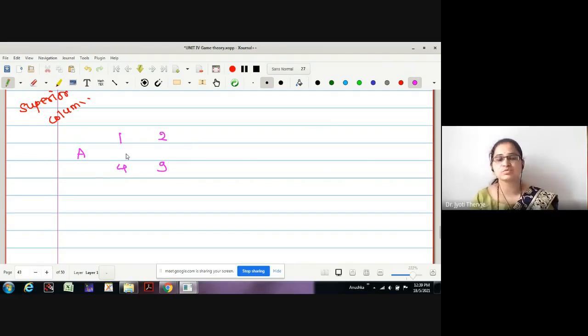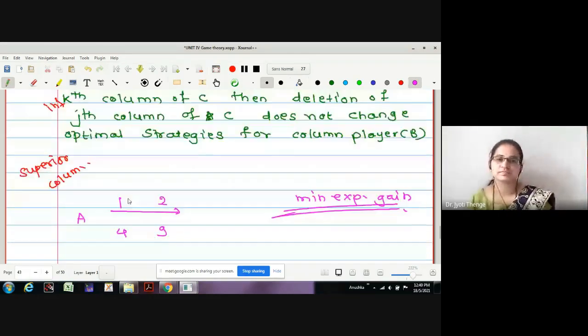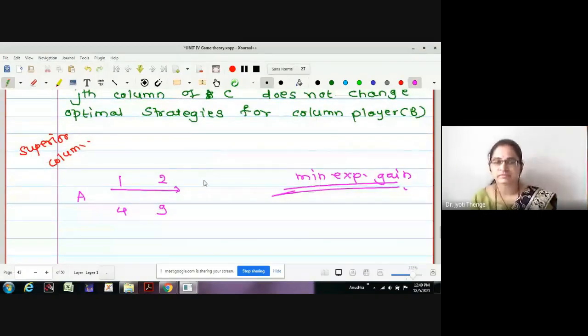That is, first he will find the minimum expected gain. I think this may create confusion for you, so let me just drop this part.